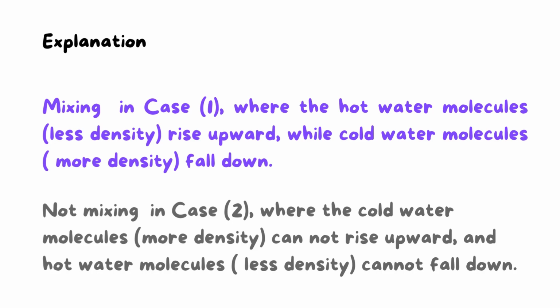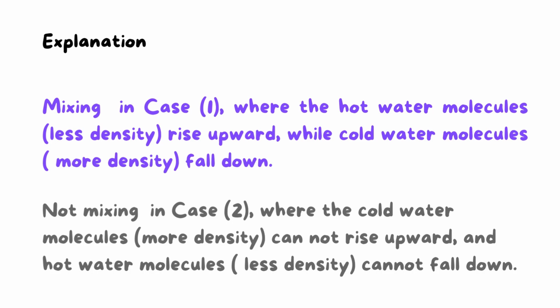But in case 2, there is no mixing. Why? Because the cold water molecules, which have more density, can't rise up, okay? And also the hot water molecules, which have less density, can't fall down.